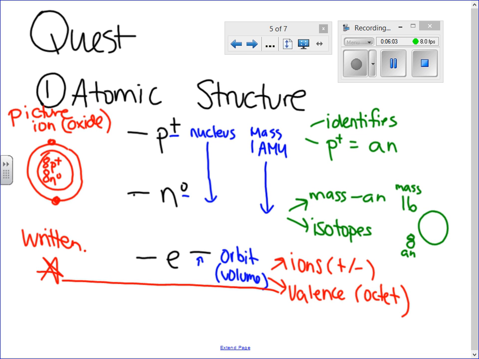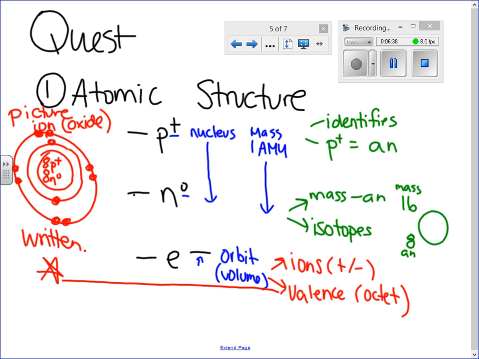When I draw the electrons, I would remember I can only put 2 in the first energy level. And in the second energy level, since this is going to be an ion, I have to ask myself how many there should be. Ions should always have full valence shells. An atom of oxygen would have 8 electrons, but an ion of oxygen would have 10. So I would fill up this second energy level.